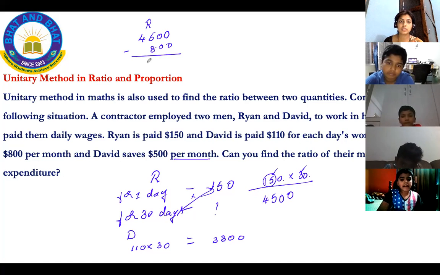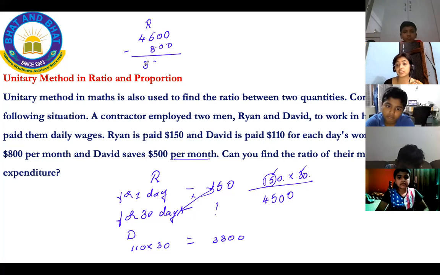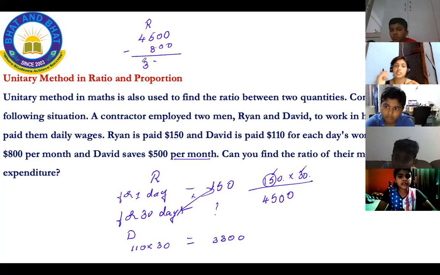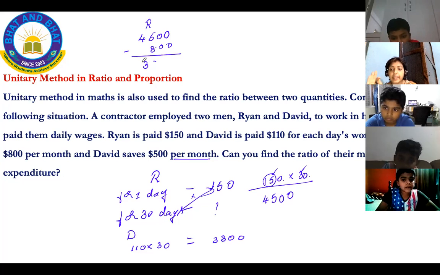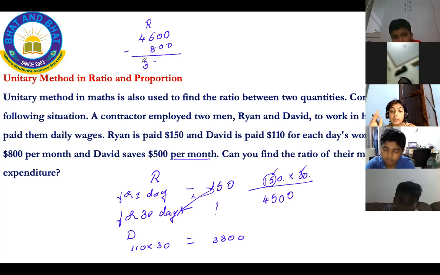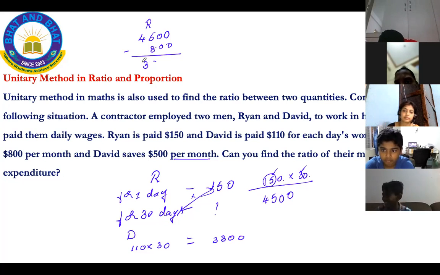Saving means he still has 800 rupees out of 4,500 with him. Then how much did he spend? How do you find? Subtract. Correct, no?